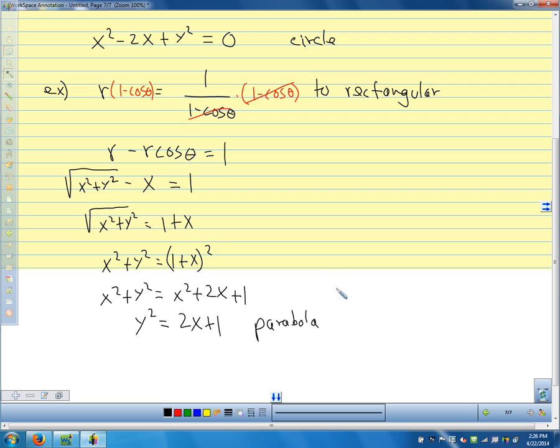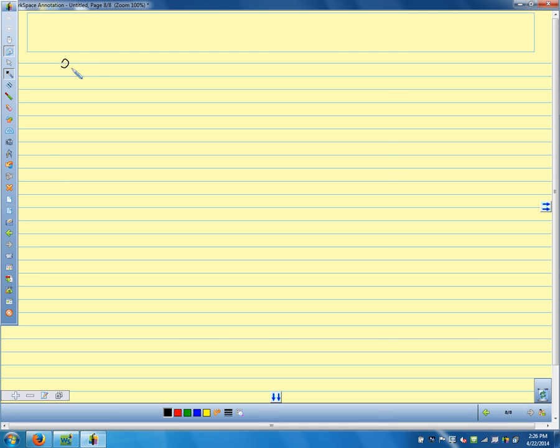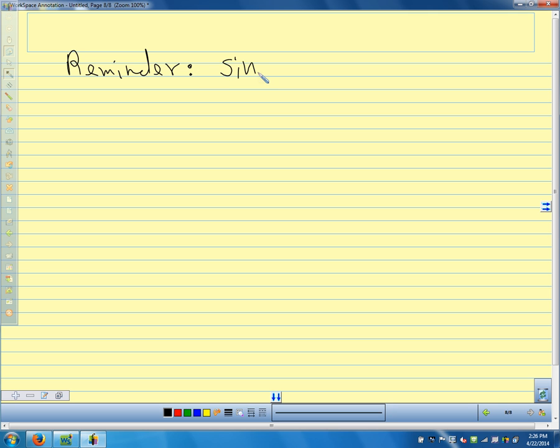All right, questions on that example? Okay, I have one question for you. This one comes up, I think, in the homework a couple of times. Sine 2 theta. Do you remember how to find sine 2 theta?